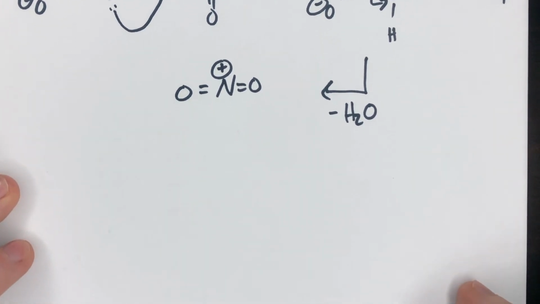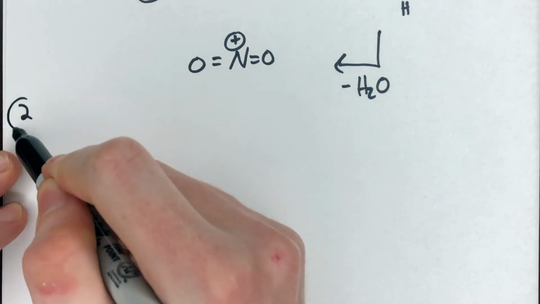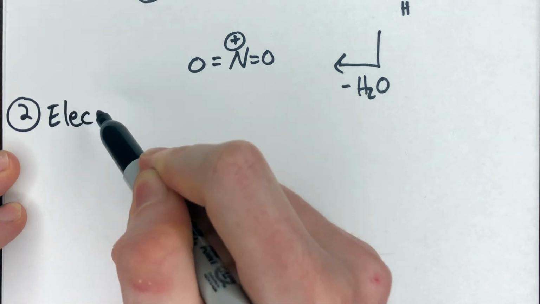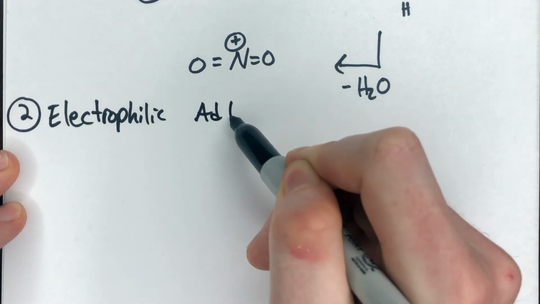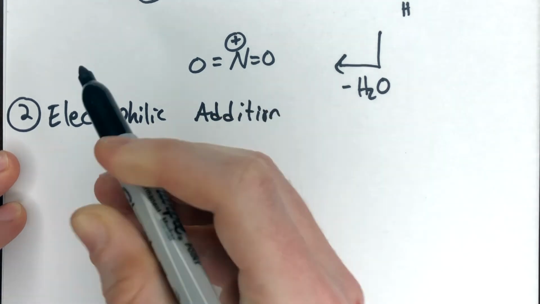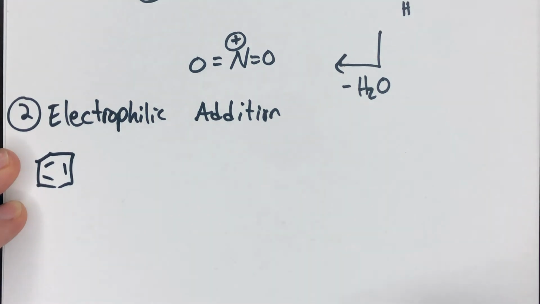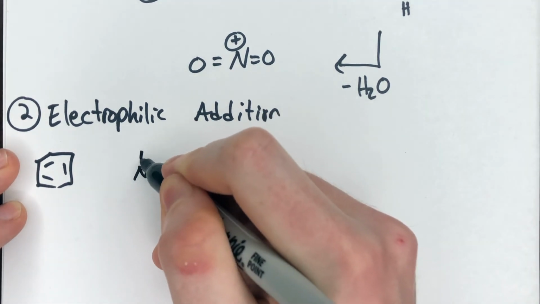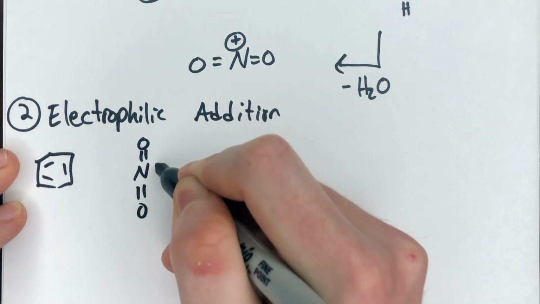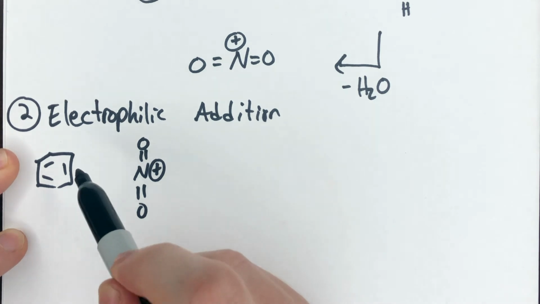So now we need to move to our electrophilic addition step. This is step 2. Okay, so electrophilic addition. So again, we have benzene. The double bond here is going to function as a nucleophile. And now we have the electrophile generated from nitric acid, NO2 plus.